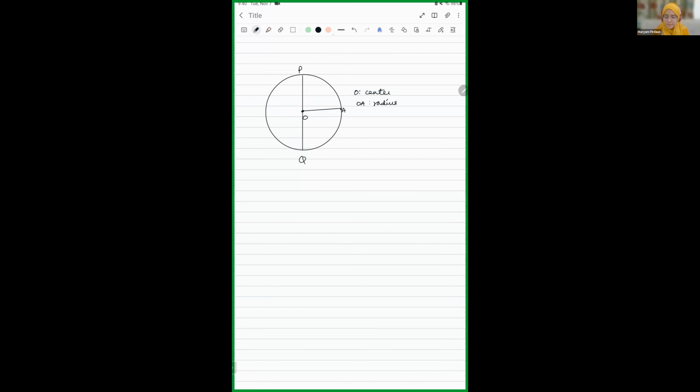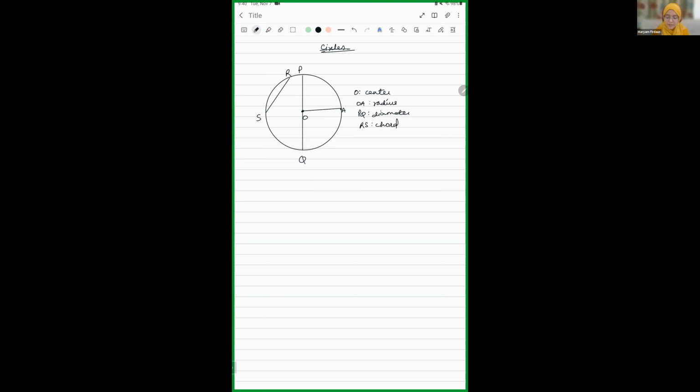Very good. Then, how about this? If I call this RS, what is RS? Very good, it's a chord.